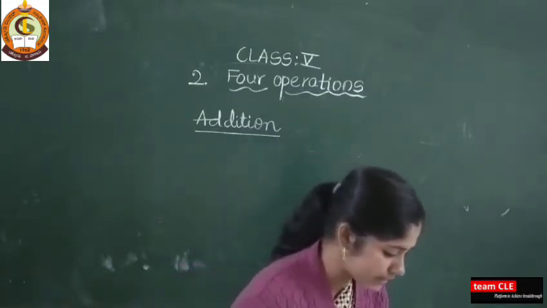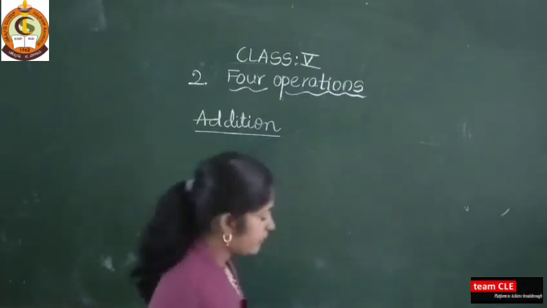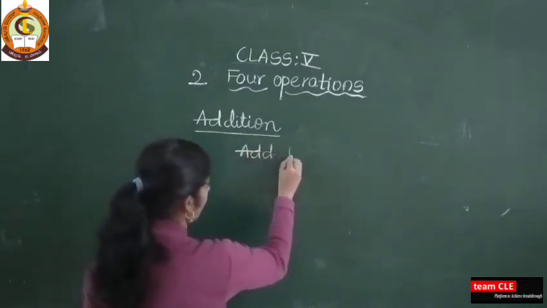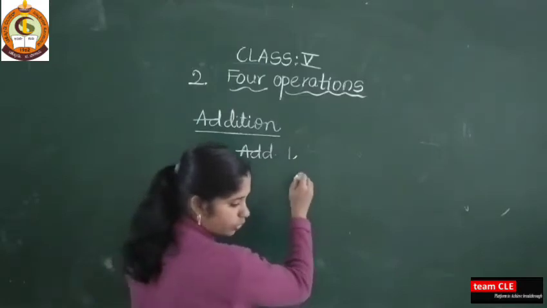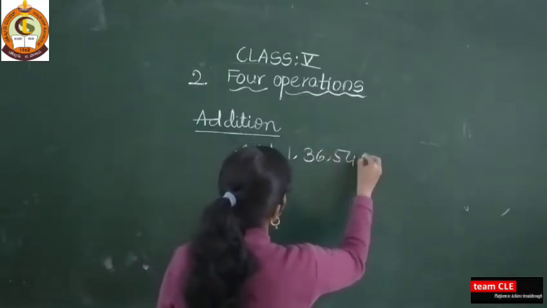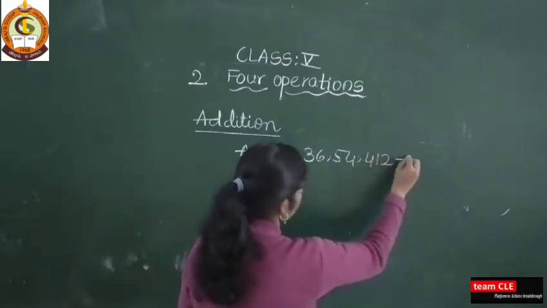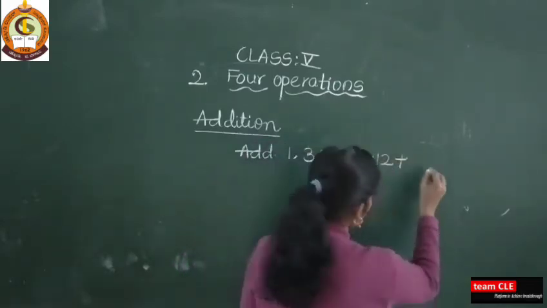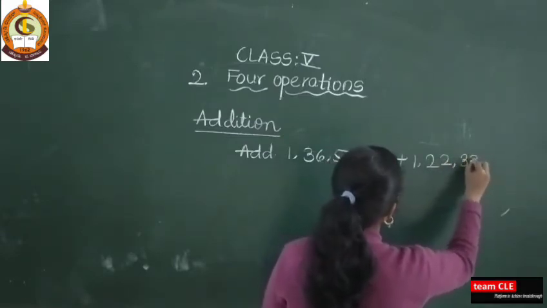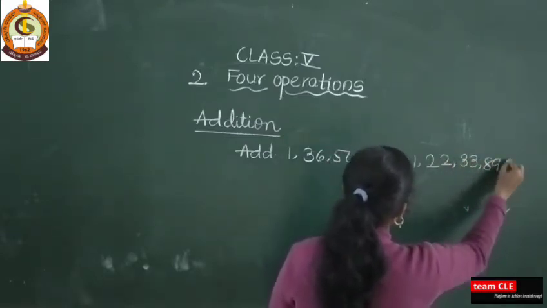So here let us take one example. Add 1 crore 36 lakh 54,412 plus 1 crore 22 lakh 33,896.